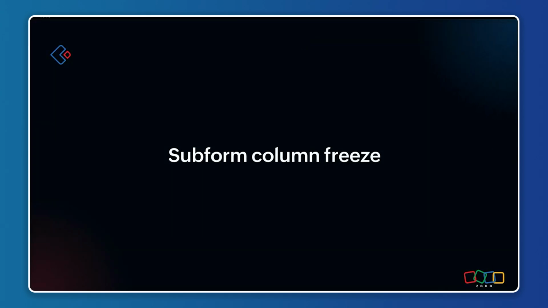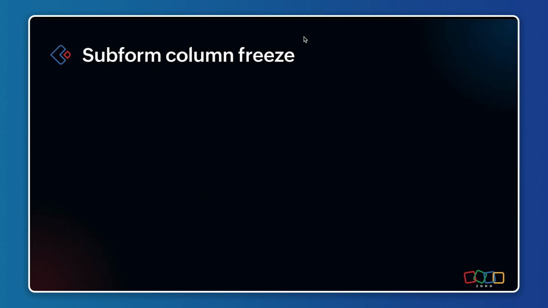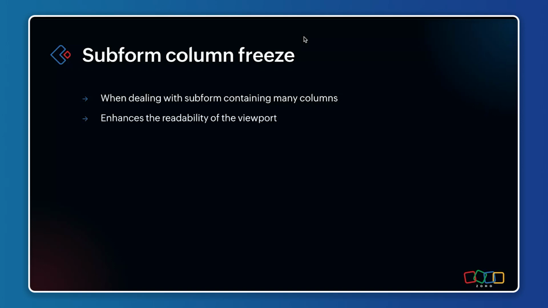So the next enhancement that we're going to see is Subform column freeze. So when you're dealing with a large number of columns in your subform, then the process of navigation or editing the fields in the subform would be very complex, right? So to enhance the readability of the viewport, we've introduced this subform column freeze option.